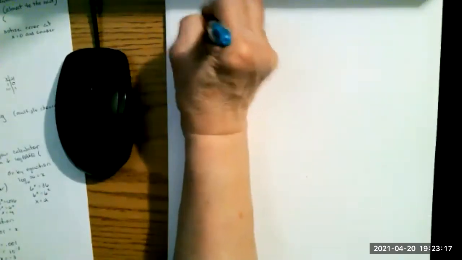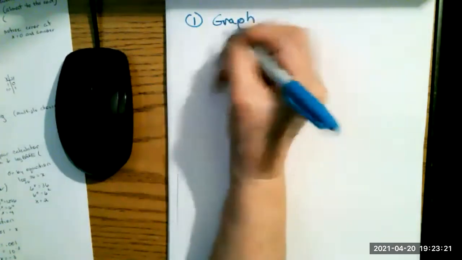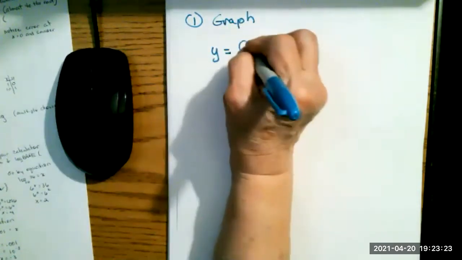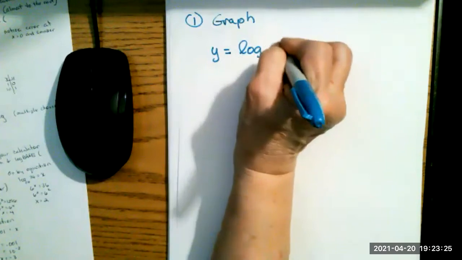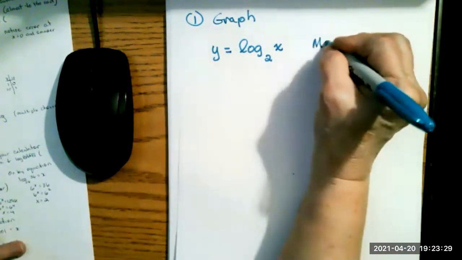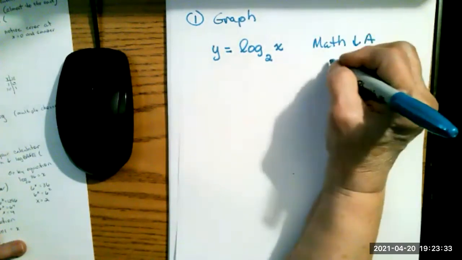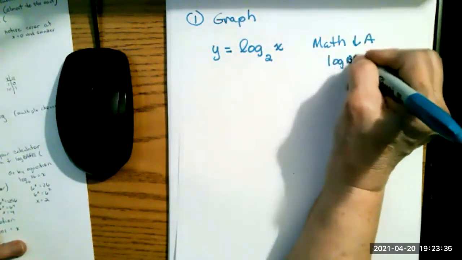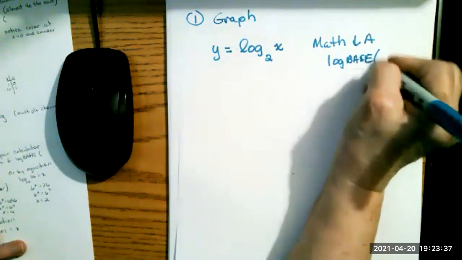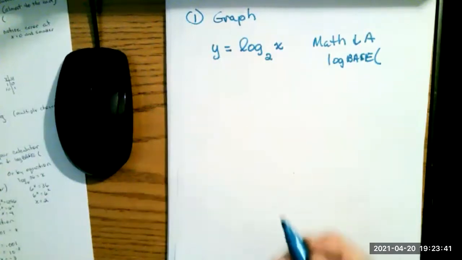All right, let's see what kind of problems they're going to give us. Number 1, it says graph y equals log base 2 of x. So we're going to learn to use that math key down to A and use log base and then parentheses. But first, we have to get to our y equals.